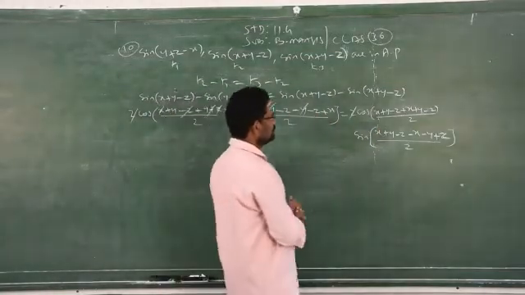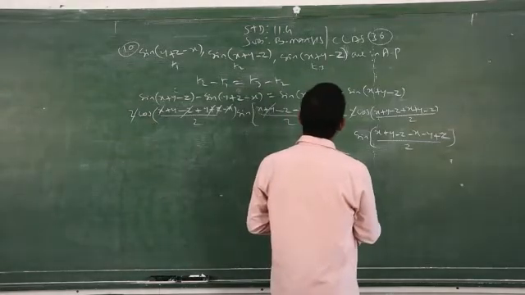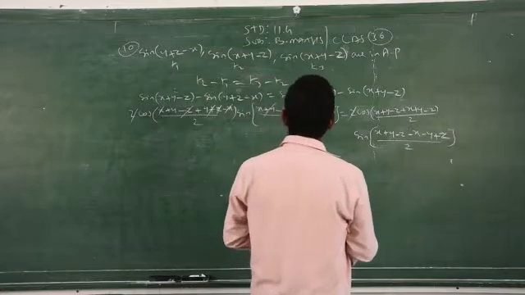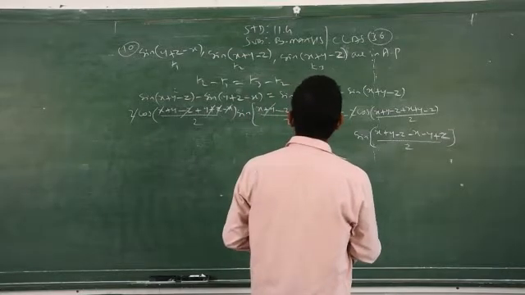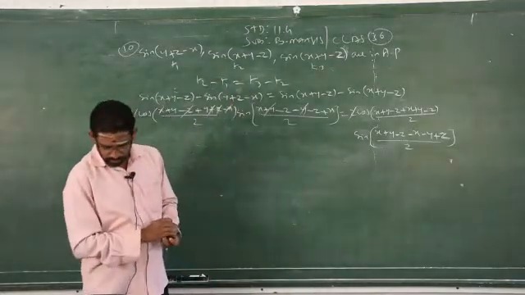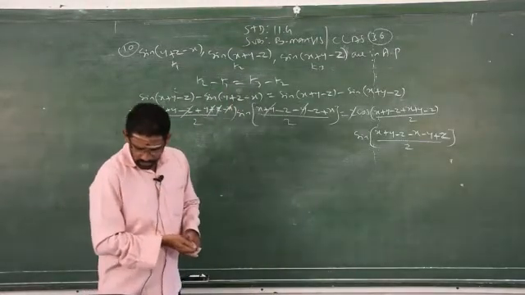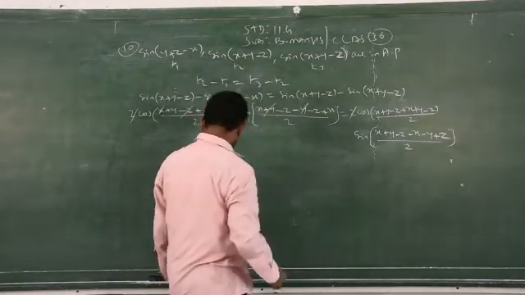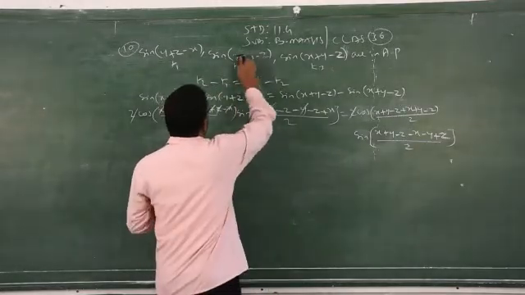x plus y plus z minus, T3 is x plus y minus z. Sorry, in the AP, I made a mistake somewhere in the question itself. It should be z plus x minus y. Here itself I made a mistake.